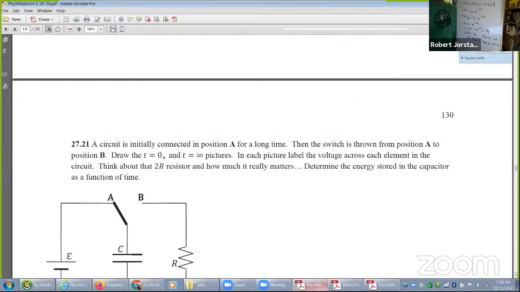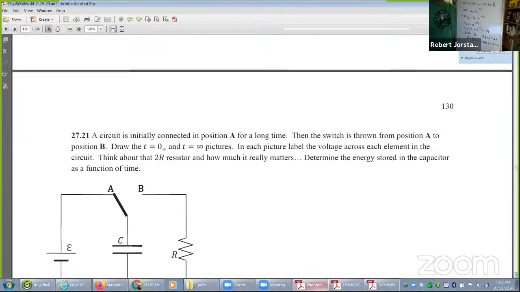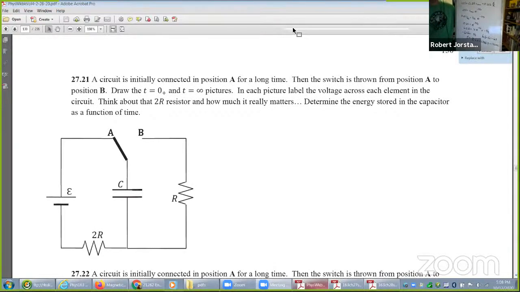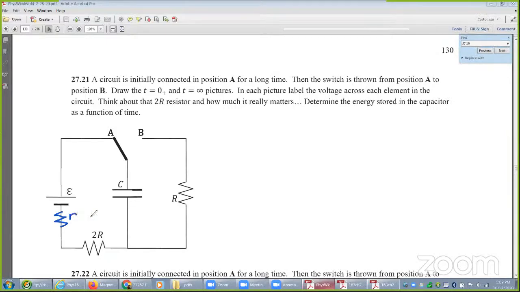Let's go to the next page. What if this circuit had internal resistance in the battery? What would that affect and what would it not affect? It would charge more slowly initially, but it wouldn't matter once you close the switch the other way. Exactly.